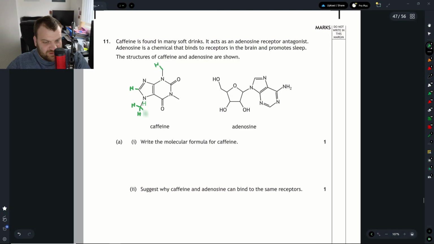We have 3 hydrogens coming off of this one. No hydrogens there. None there, but 3 more here. Just checking I actually looked at the right chemical. We have got, for our carbons, 1, 2, 3, 4, 5, 6, 7, 8.